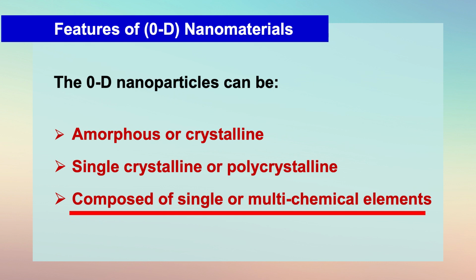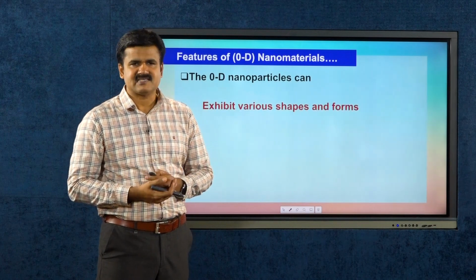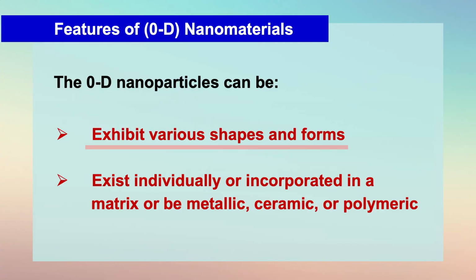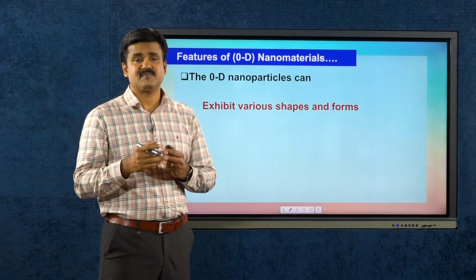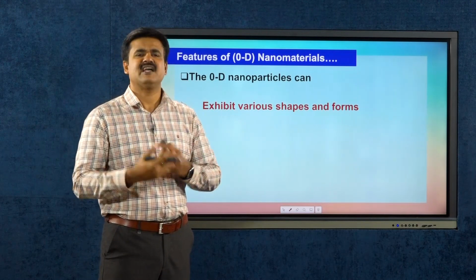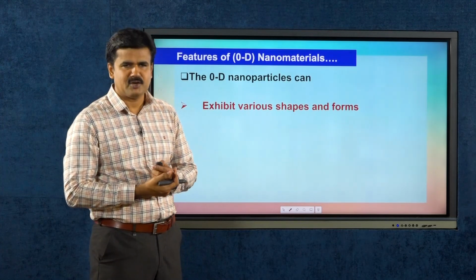The next characteristic feature is that zero-dimensional nanomaterial may comprise single or multiple chemical elements. And the next feature is that zero-dimensional nanomaterial exhibit various shapes and forms. It may be spherical, it may be in the form of rods, it may be a dispersed arrangement. Yes, various kinds of shapes are possible for a zero-dimensional nanomaterial.